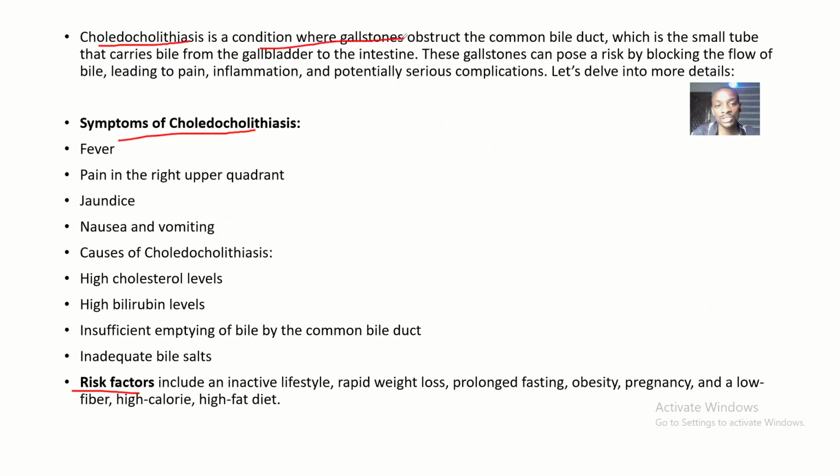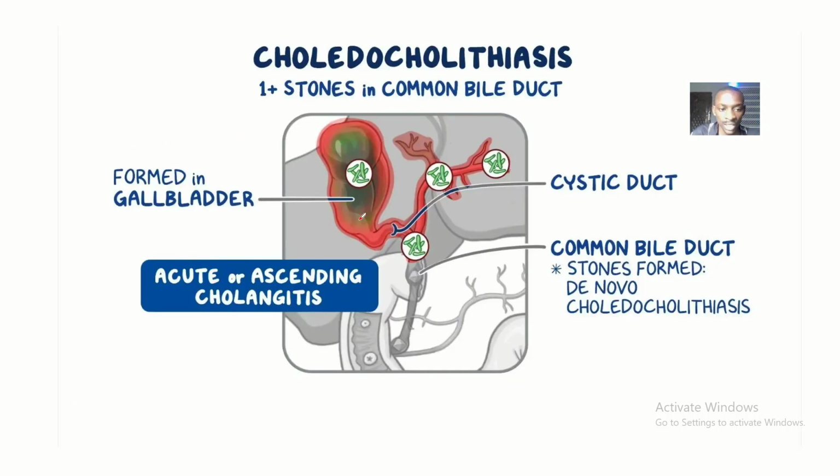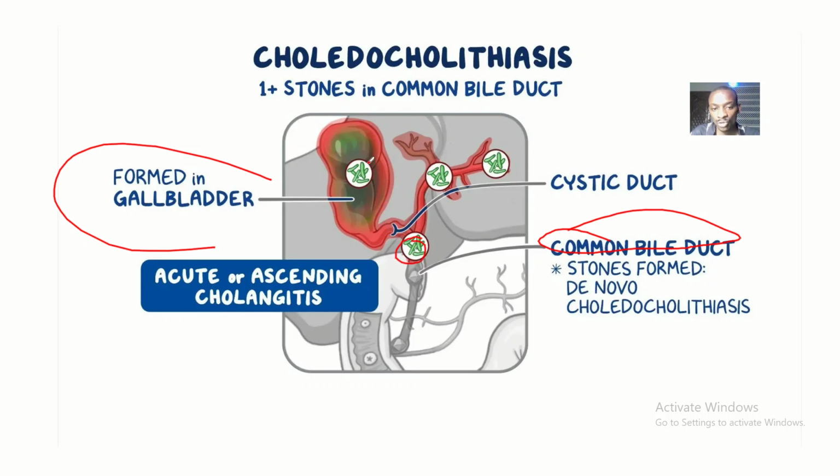Choledocholithiasis is a condition where the gallstones obstruct the common bile duct. So if this is the gallbladder, and this is the common bile duct, and there are some stones from the gallbladder, they will not obstruct the gallbladder. This is because the gallbladder is so large, do you understand?